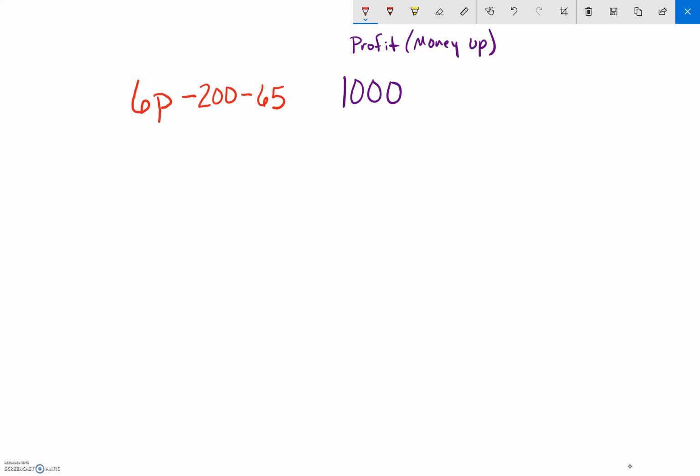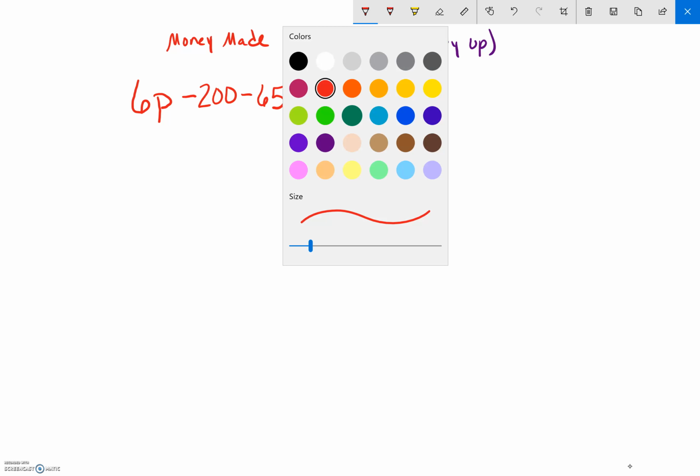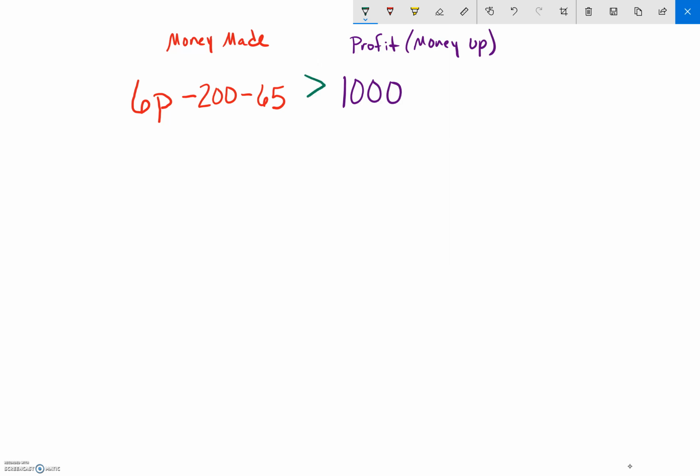So here in red is an expression that represents the money made. He gets $6 per person, minus the $200 for the rental, minus the $65 for the safety inspection. Now we need this expression in red to be greater than or equal to 1,000, because the person who is running the ride wants to make at least $1,000.